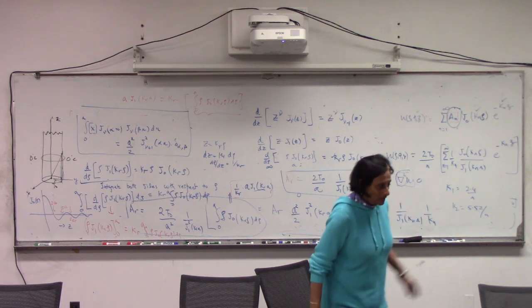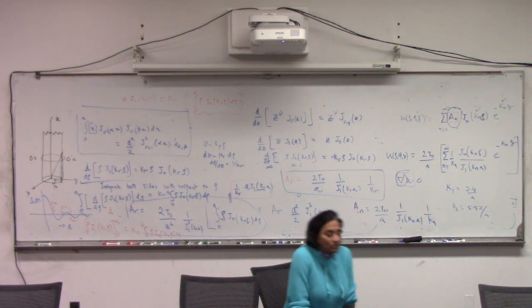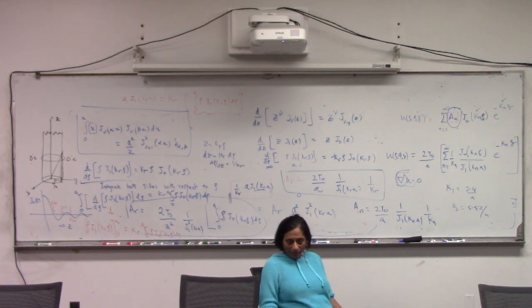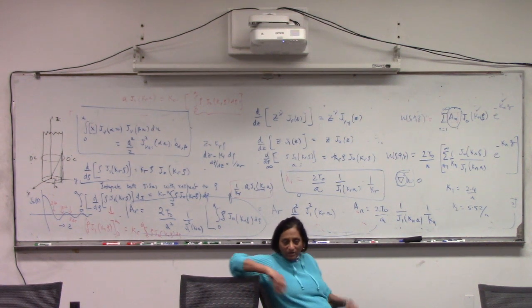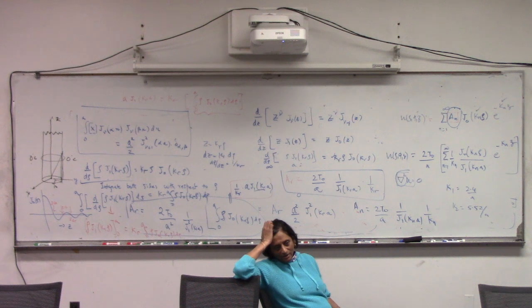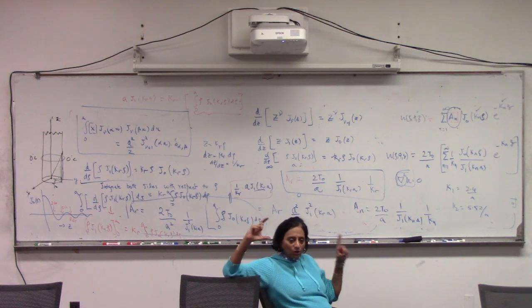You have to know lots and lots of properties, whatever the problem is, right? If it's spherical coordinates, it could be associated Legendre polynomials and spherical Bessel functions, not this Bessel function, but the other one. So you need to know the properties. The minimum is the orthonormal property.